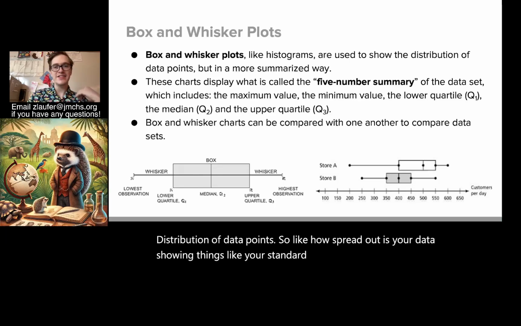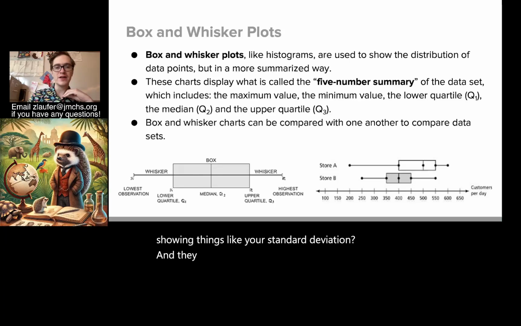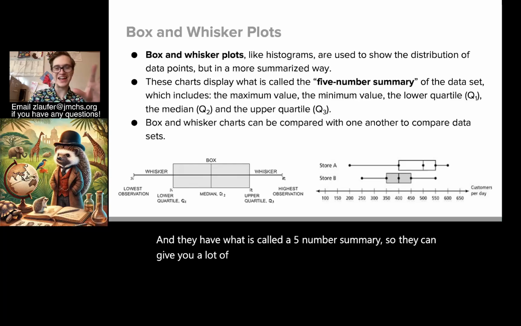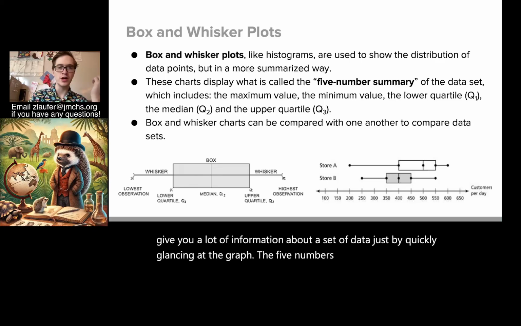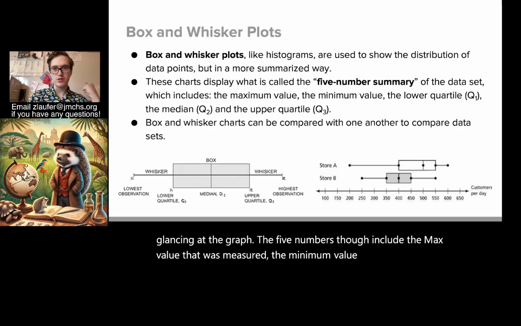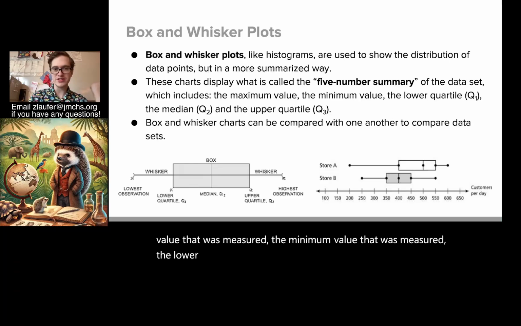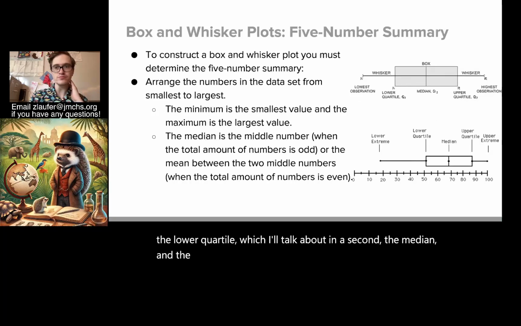And they have what is called a 5-number summary, so they can give you a lot of information about a set of data just by quickly glancing at the graph. The 5 numbers, though, include the max value that was measured, the minimum value that was measured, the lower quartile, which I'll talk about in a second, the median, and the upper quartile.